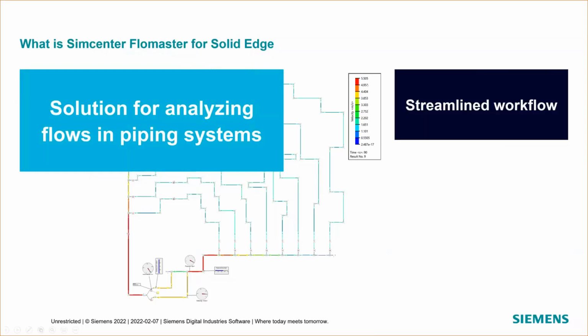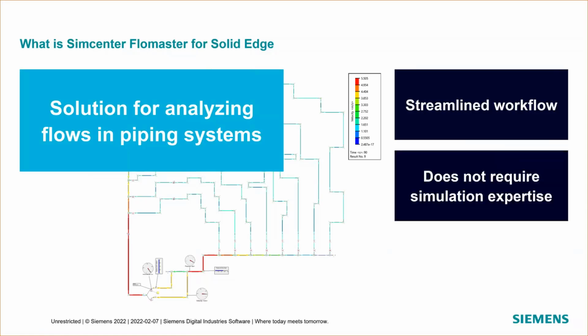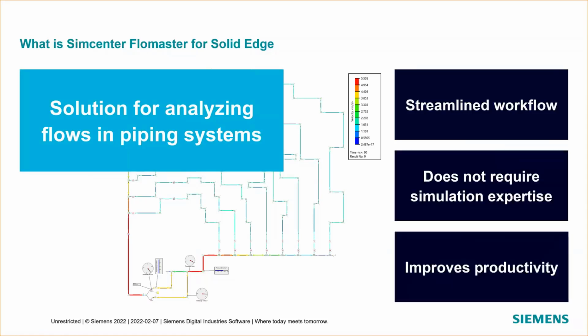We can see here the velocity scale. We can see we've got the highest velocities around the bottom. And we can also visualize variables such as temperature and pressure drop, and the system here would have started from 3D CAD geometry in Solid Edge. The solution does not require simulation expertise to build, and as a result, every design engineer can take advantage of simulation and improve their productivity.